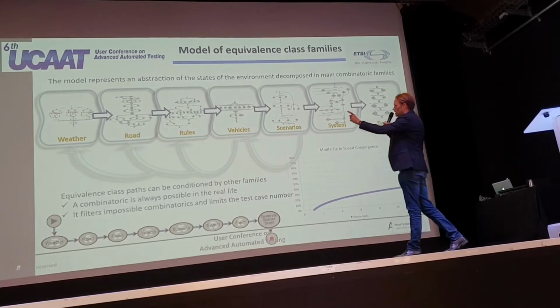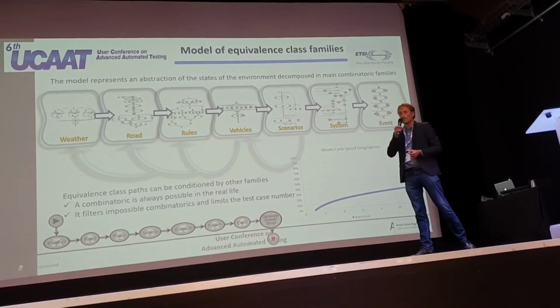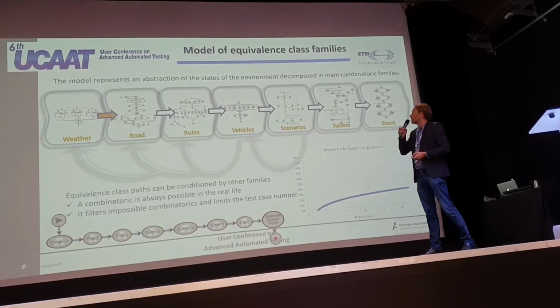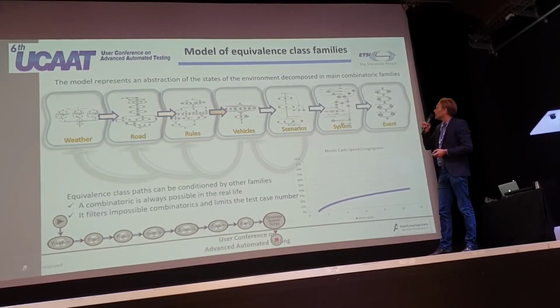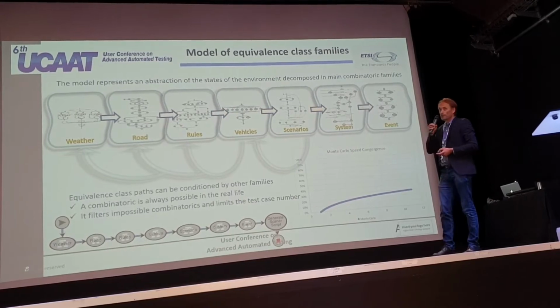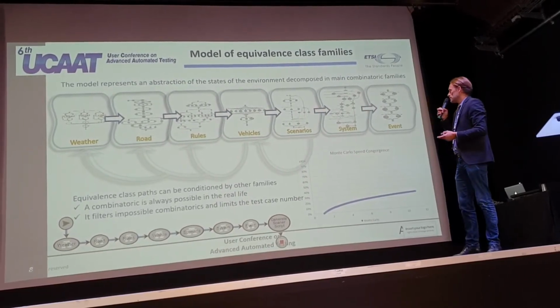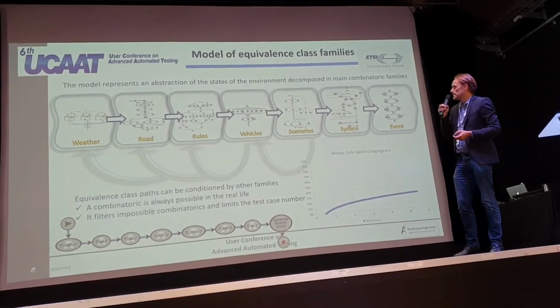We split this model into families, and each family is then run through one by one to find one combinatoric. It uses some probabilities.